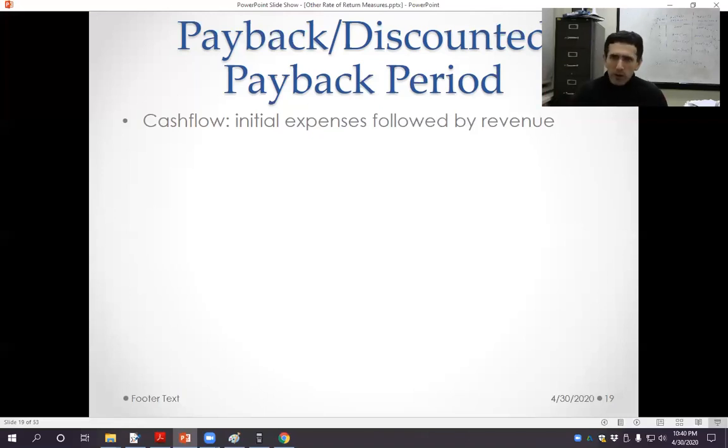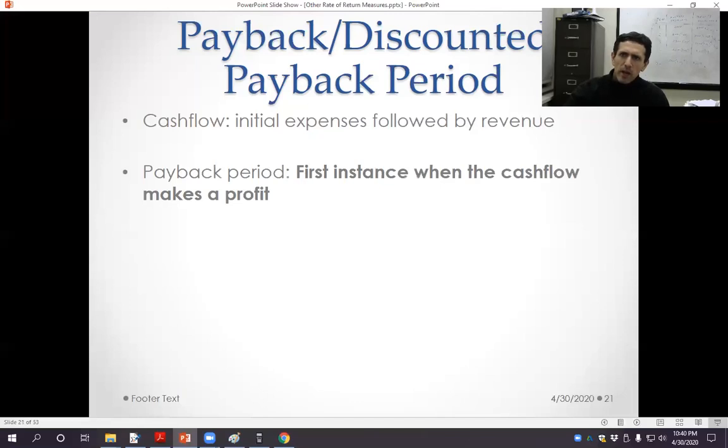Not always that way. Okay, so the payback period is very simply the first instance where the cash flow makes a profit, after your initial expenses. So after your initial expenses, after you get some revenue, when are you finally making a profit?